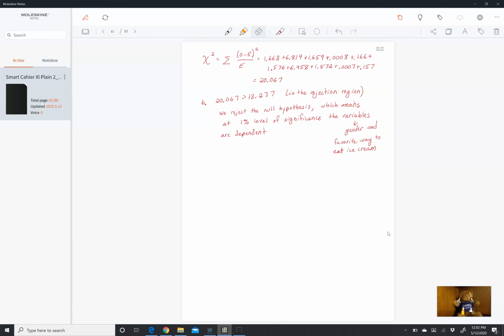A lot of this is about the way that we communicate. So how are we communicating to other people our conclusion? If we are not including the whole test, or even the question, so when we're not giving this information like 1% level of significance and the actual variables, the reason why we haven't been doing that is because the question is right there. If there is no question, then you have to put that in.